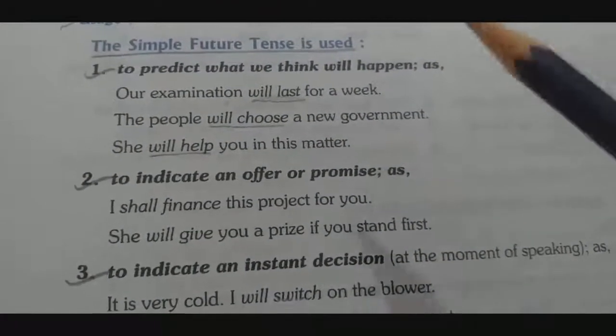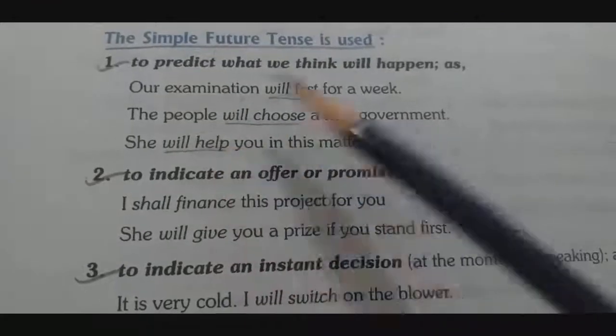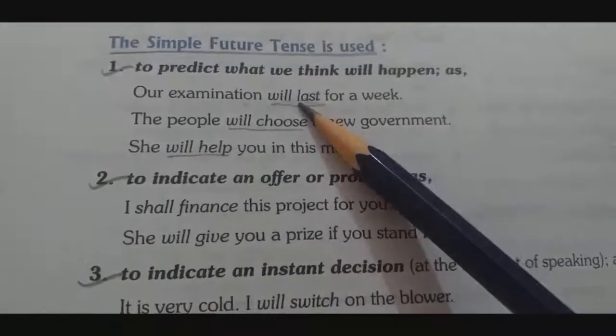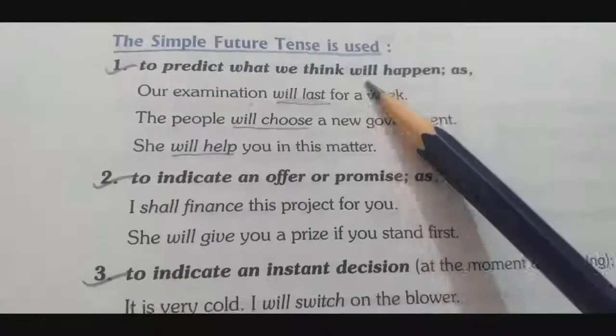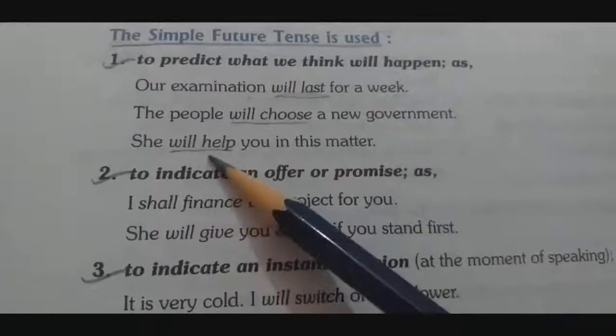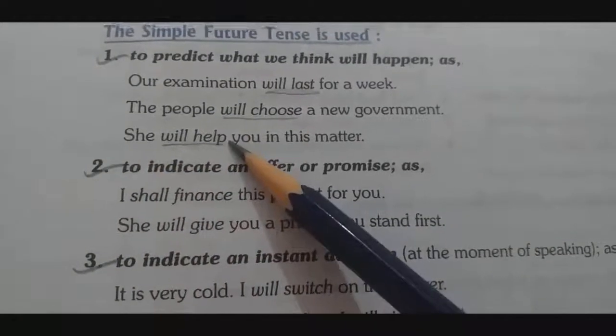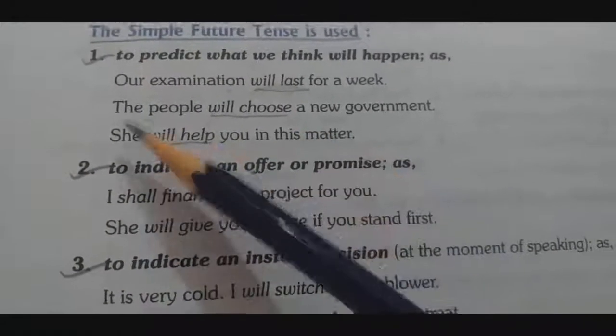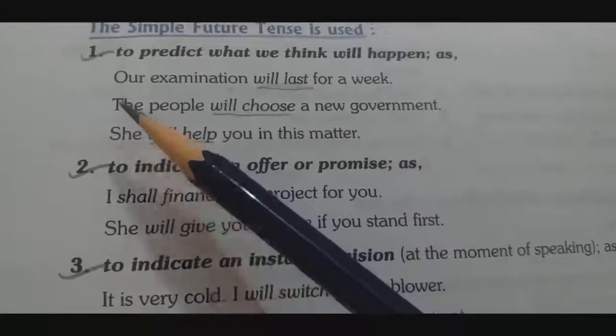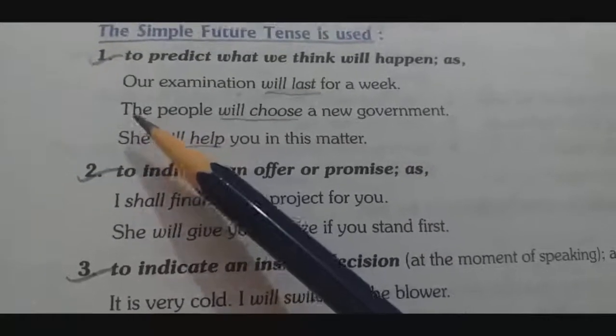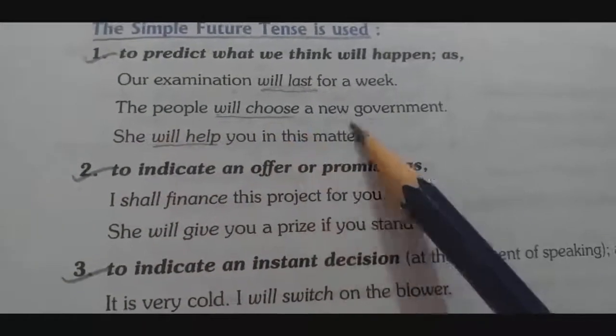Clear? So here in these three sentences, it tries to tell what we think will happen. In example number 3, what I think is that Radha will help you in this matter. In sentence number 2, we think the people will choose a new government.